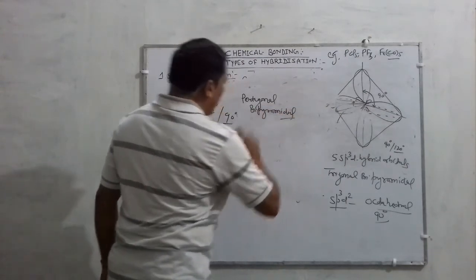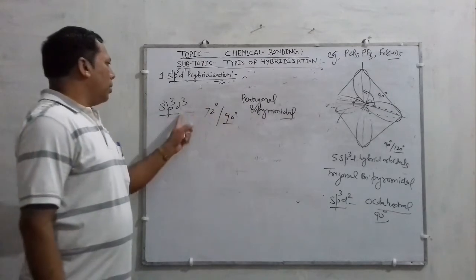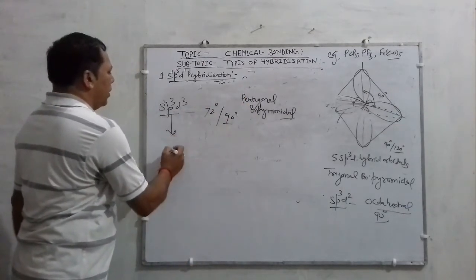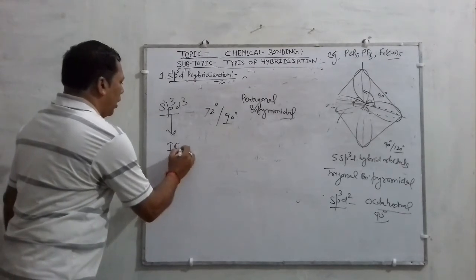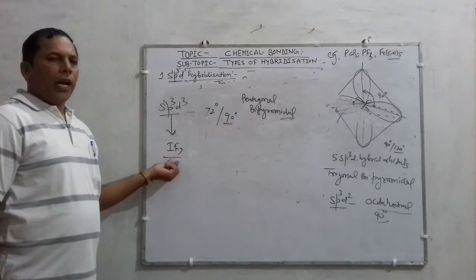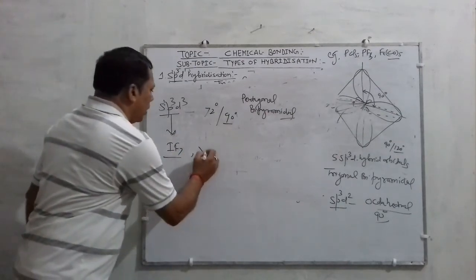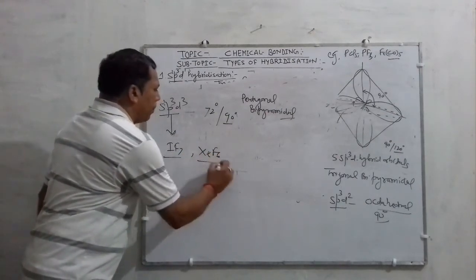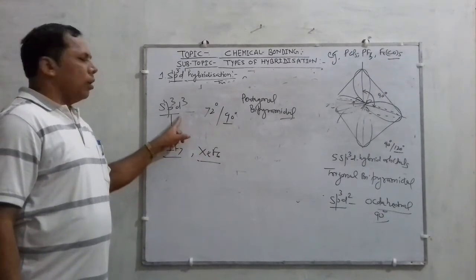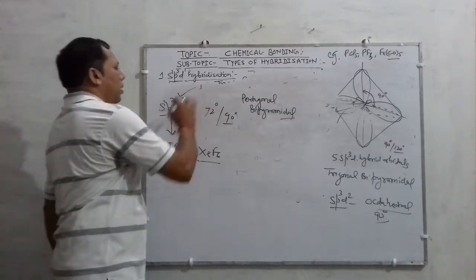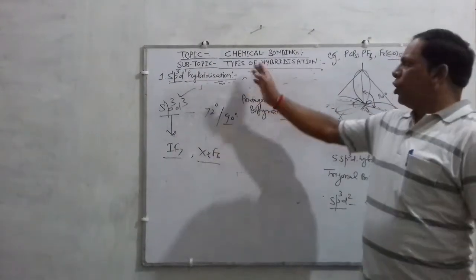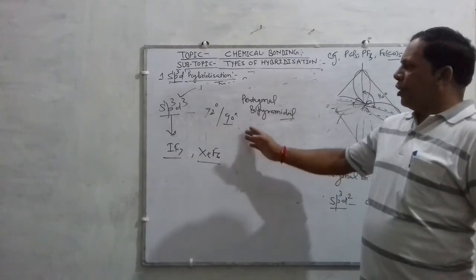A good example of sp3d3 hybridization is IF7, iodine heptafluoride, and another example is XeF6, xenon hexafluoride. These compounds possess sp3d3 hybridization.